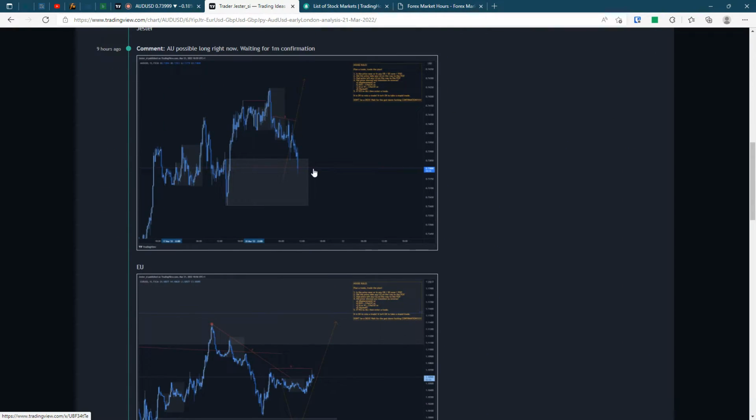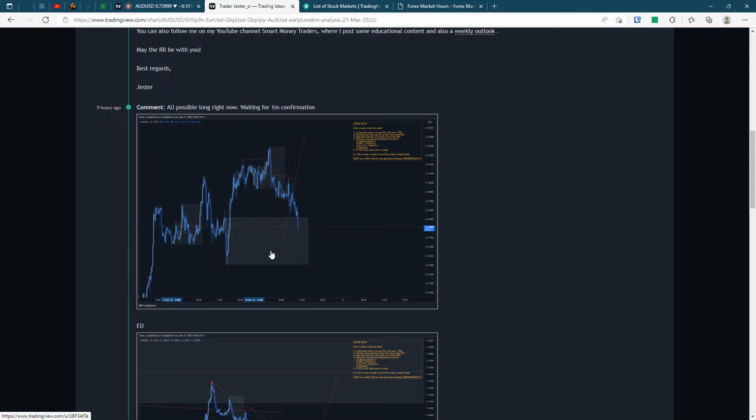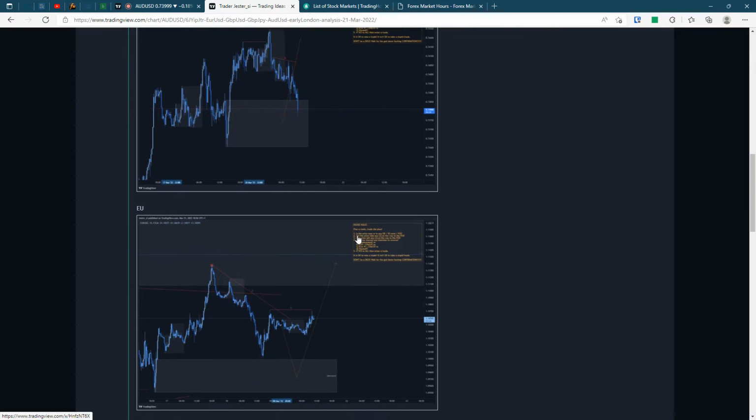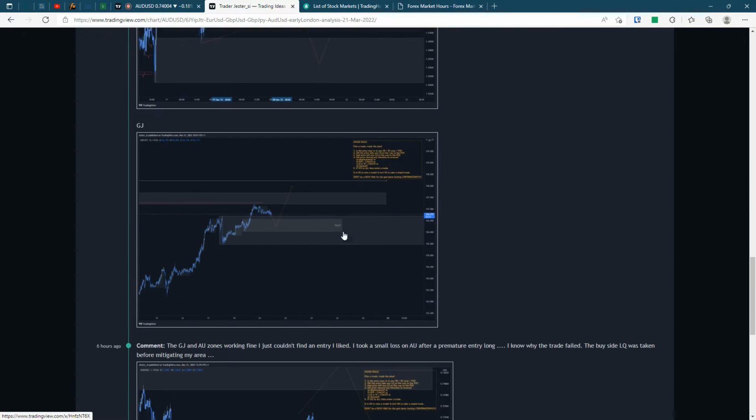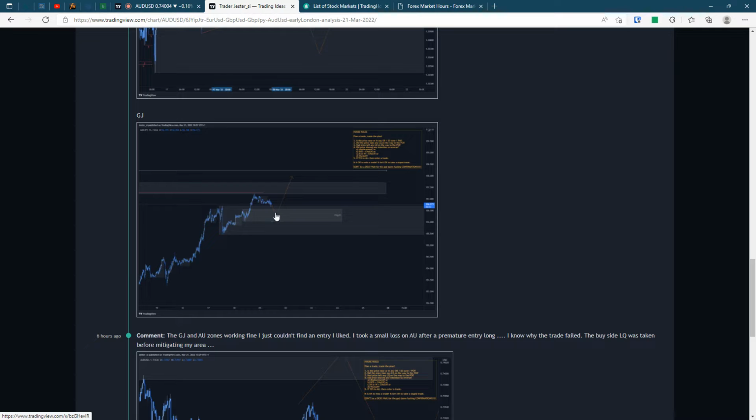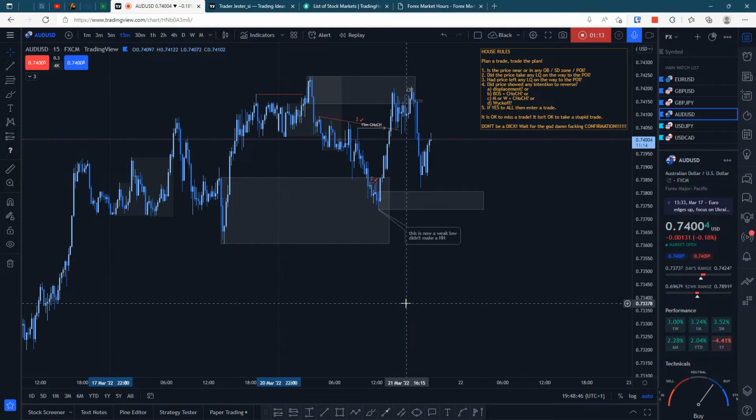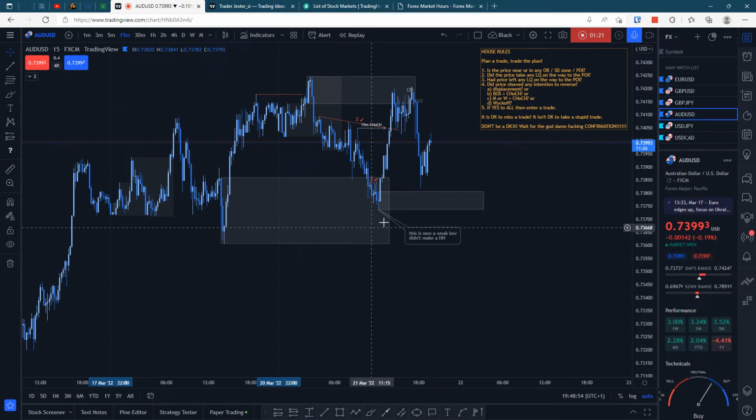I was looking at Aussie dollar for a buy from this zone, and I was looking on GJ also for a buy from the flip zone, as my understanding of the flip zone goes. Okay, that's about this.